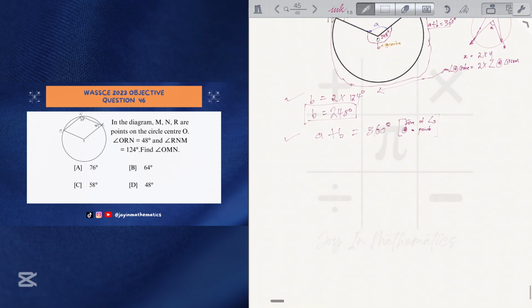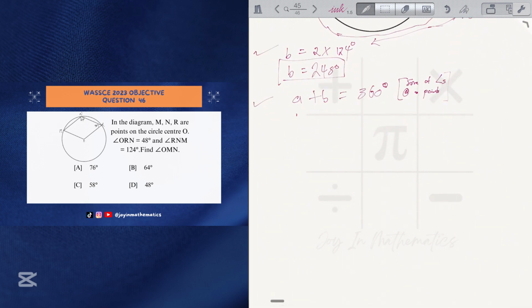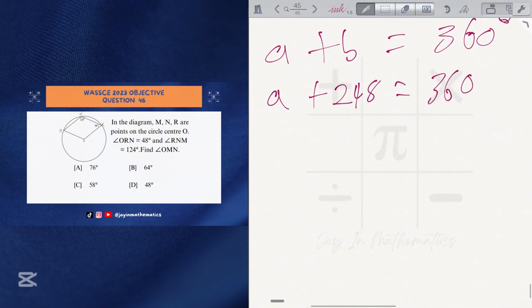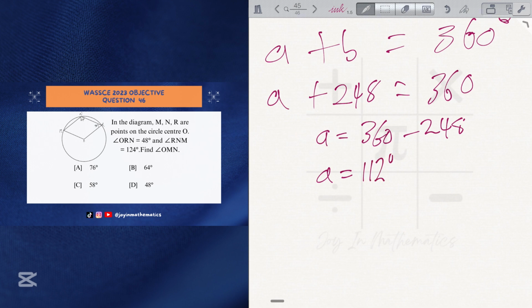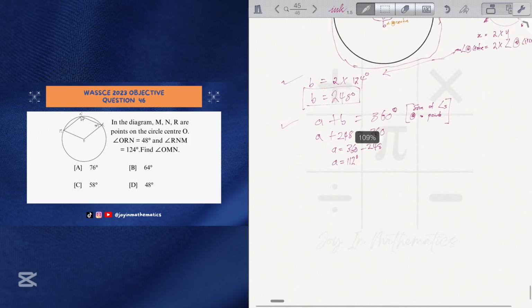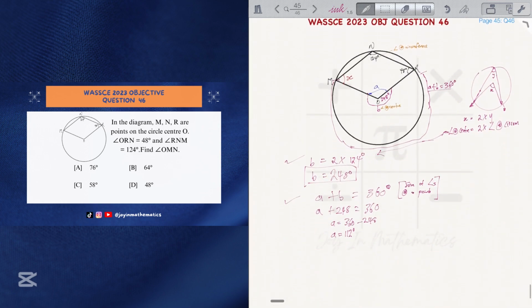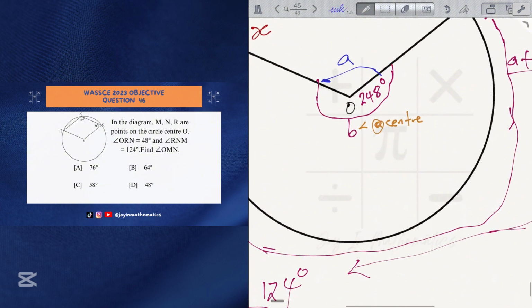Okay, we're looking for A. B is 248, equal to 360. So our A is going to be 360 minus 248. So we are saying that A is equal to 112 degrees. So if now we have evaluated our A, it is equal to 112 degrees.